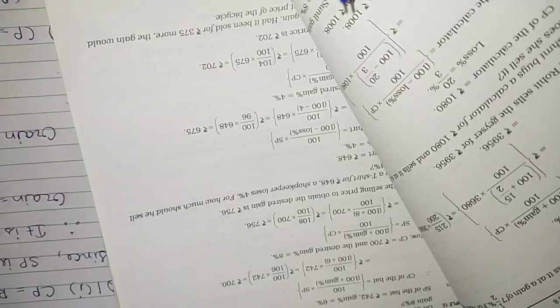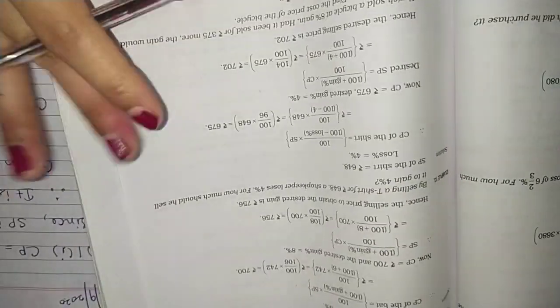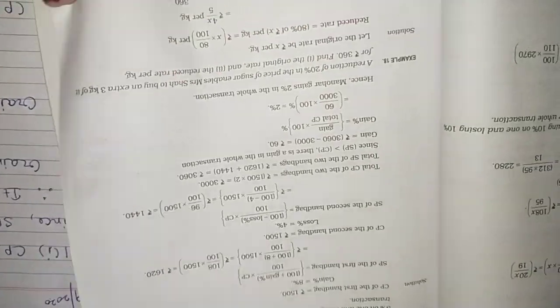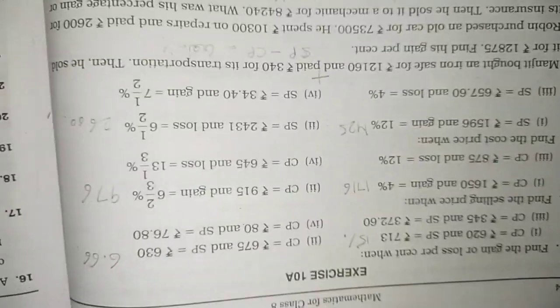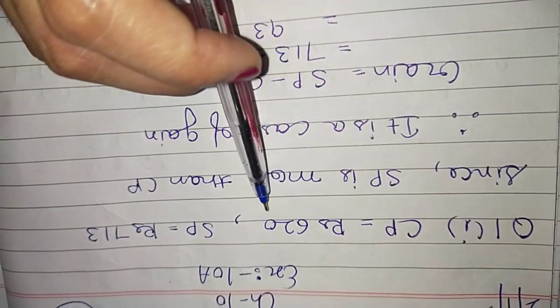Now coming to exercise 10A, the first question is we have to find out the gain or loss percent when the cost price and selling price are given to us.